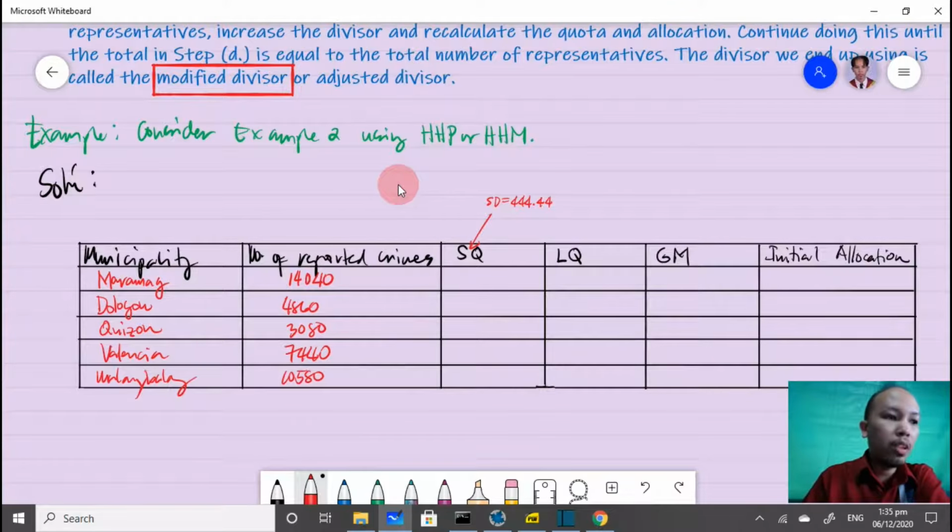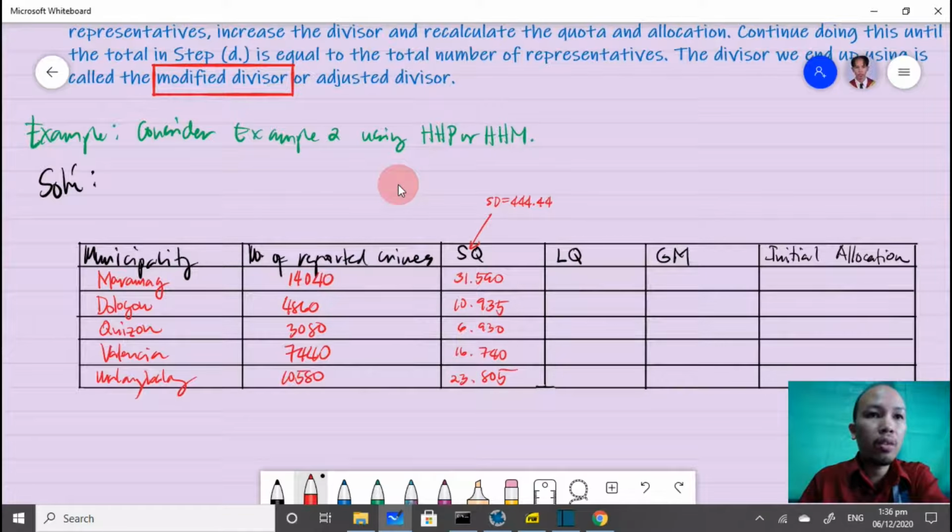And we know that the quotas are 31.590, 10.935, 6.930, 16.740, and 23.805. Just recall your solution in example number 2.